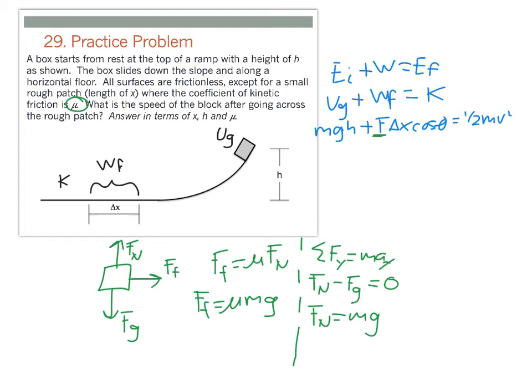That helps me for 2 reasons. Number 1, I now have mu in there, which was a variable I was given. And in a second, that's going to allow us to cancel out mass.